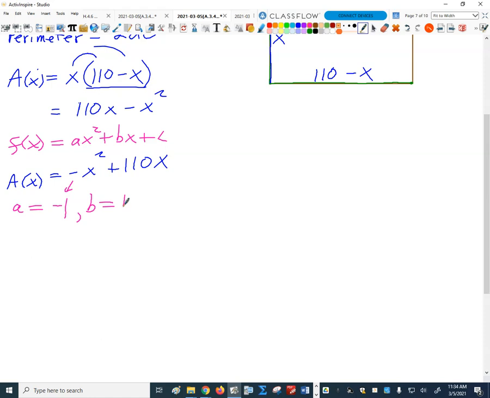I'll buy that too. And what's c? Yeah, it's 0. Nothing's being added, so c is equal to 0. Okay. Well, this looks like a quadratic function where a is -1, b is 110, and c is 0.